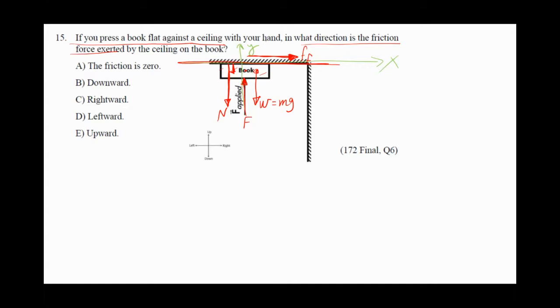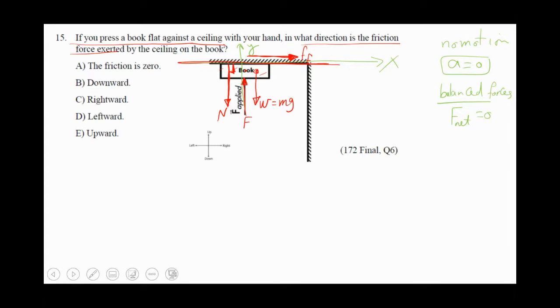Do we have motion here? No, we have no motion. So no motion means zero acceleration. As we mentioned last time, if there is no motion, that means zero acceleration, and that means the forces are balanced. What is the meaning of balanced forces? The net force is zero. So let's start with the Y direction.